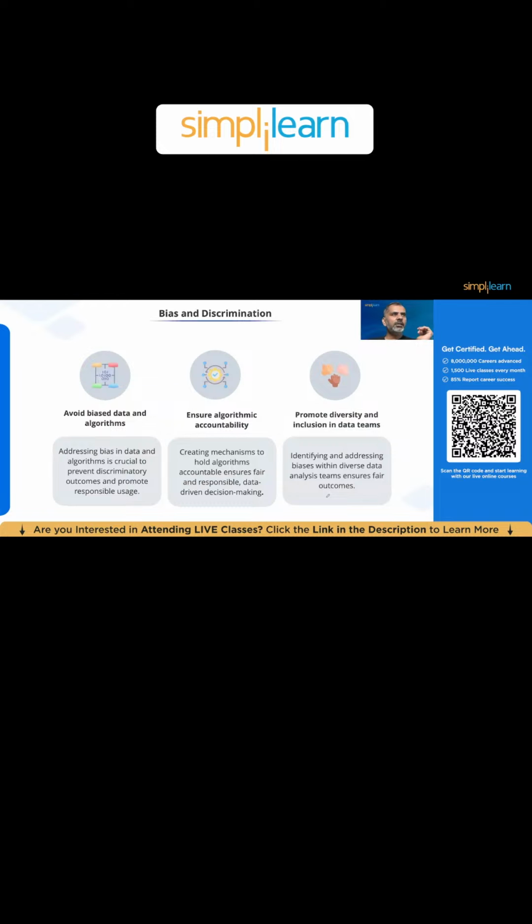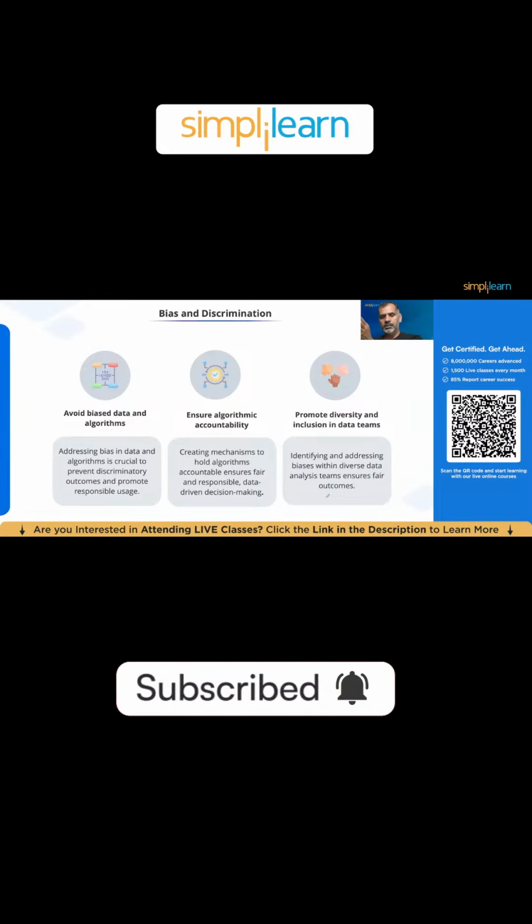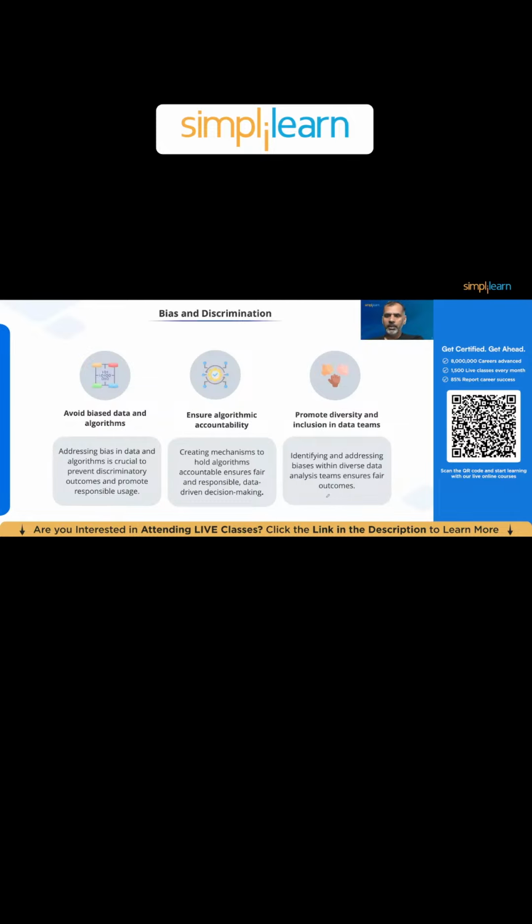This is one of the important aspects. As I said, bias and discrimination is very important because if your data is not collected fairly, it will come with a bias. And when you train any model on biased data, the predictions are also going to be biased, guys. And that will introduce discrimination. So the very first thing is that when we collect the data, we avoid biased data and algorithms.